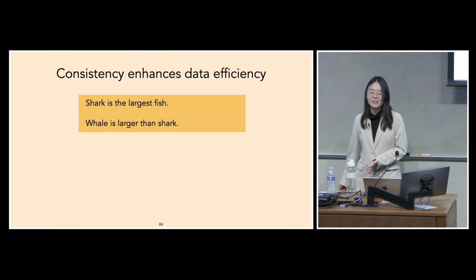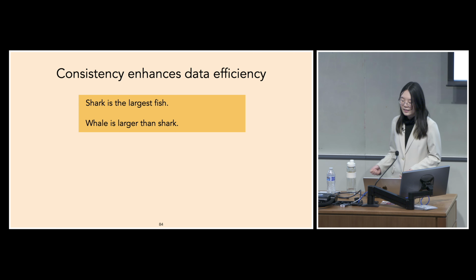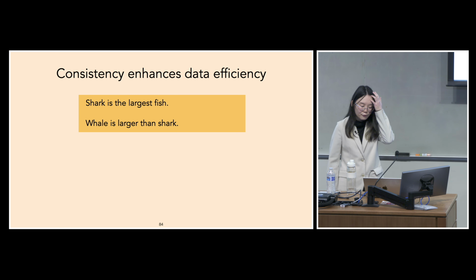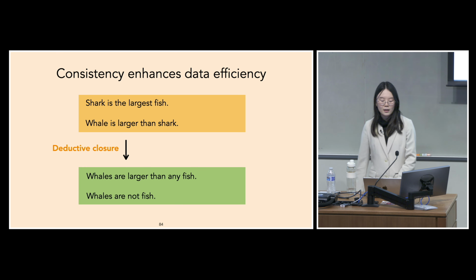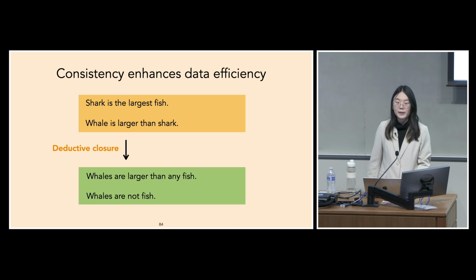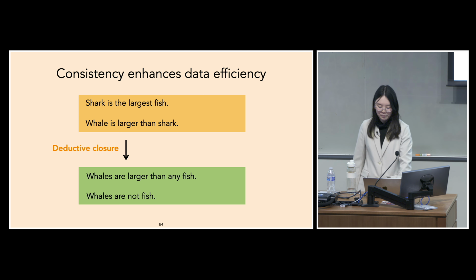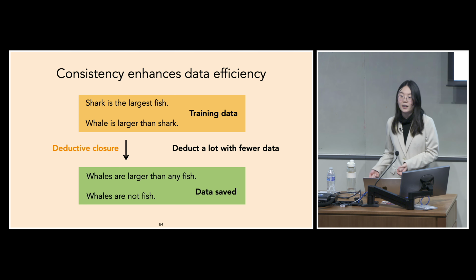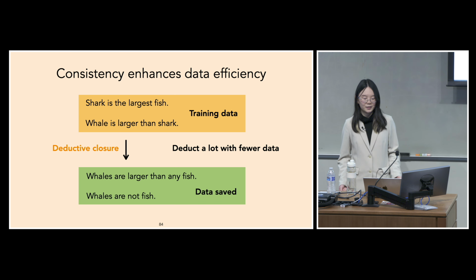Beyond capabilities, consistency also enhances data efficiency. For example, given this statement, shark is the largest fish and whale is larger than a shark, a logically consistent model should infer that whales are not fish. So this property reduces data requirements. If we train a consistent model on the orange data, it should generalize to the green data without explicitly training on it.